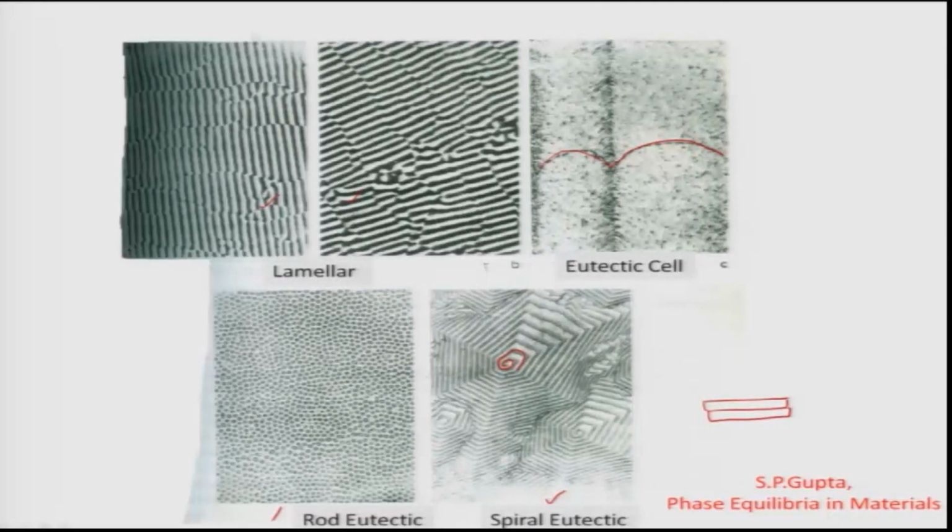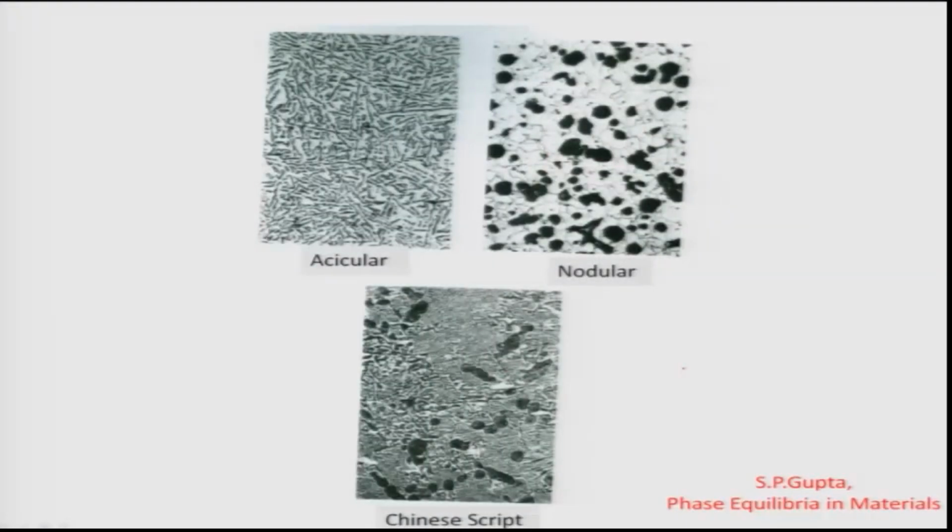If you heat it to high temperature, one of the phases expands more, tries to compress against the other and bends, and the process finally forms a spiral. So this is observed in the magnesium-zinc system.